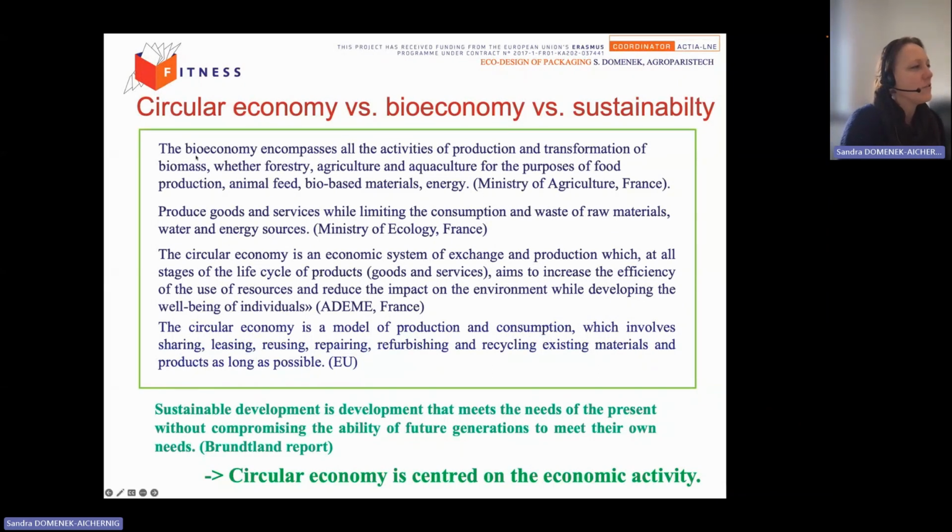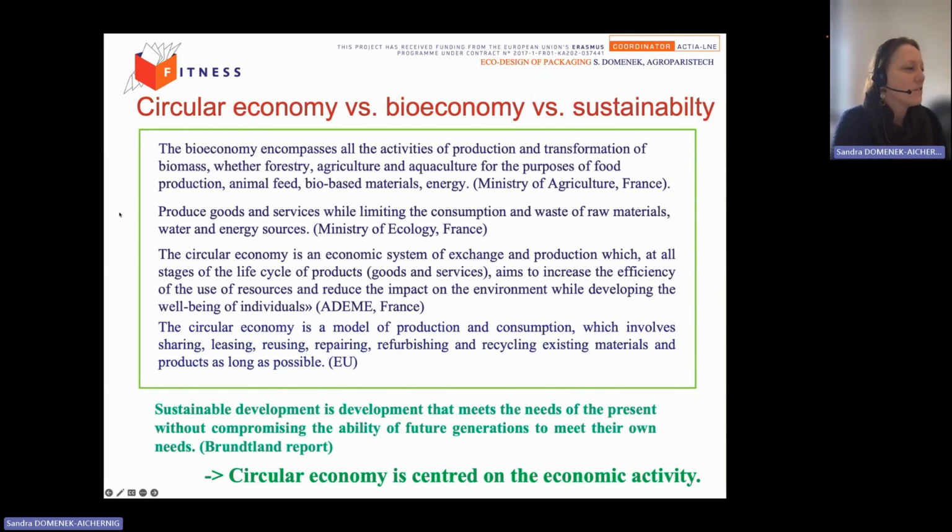So when we start with the bioeconomy, this is an economy which encompasses all the activities of production and transformation of biomass. Biomass is resources coming from forestry and agriculture, and has as a purpose food production, animal feed production, bio-based materials, or energy production. So this is not circular economy. This is the definition of the bioeconomy concept.